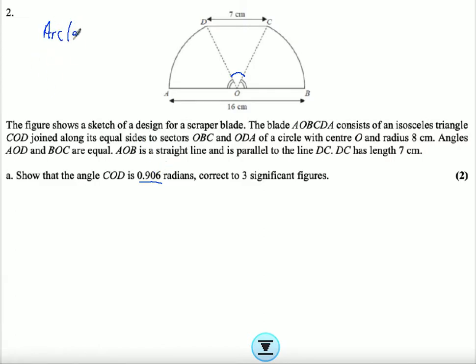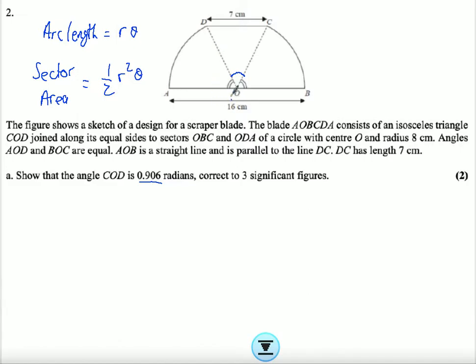Might be useful later, but I should know that arc length is r theta, and that sector area is half r squared theta. Okay, and we can just get this generically from pi times diameter and pi r squared, and then changing it from degrees to radians. Okay, so that should work out reasonably well. So, right. So what do we know?